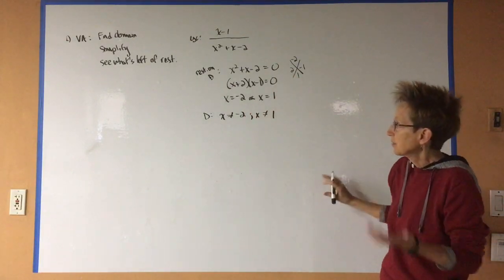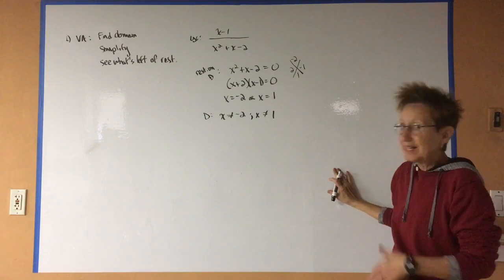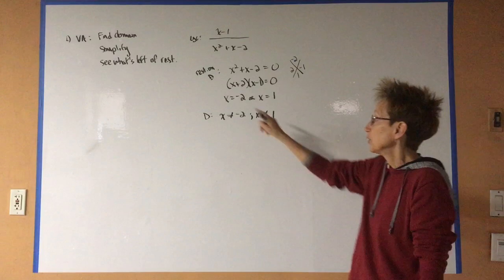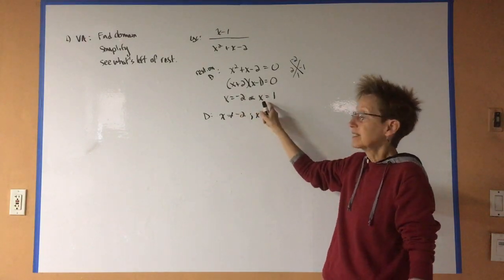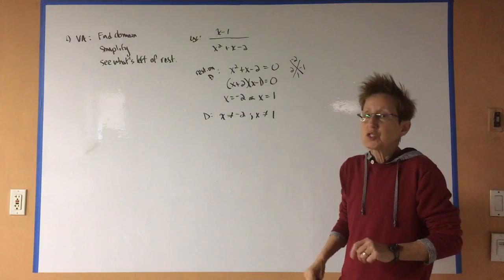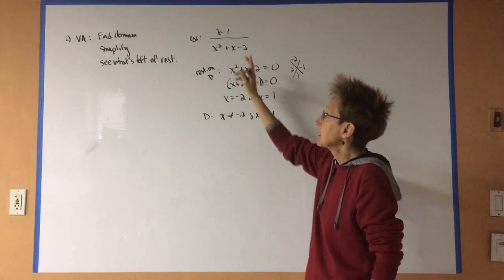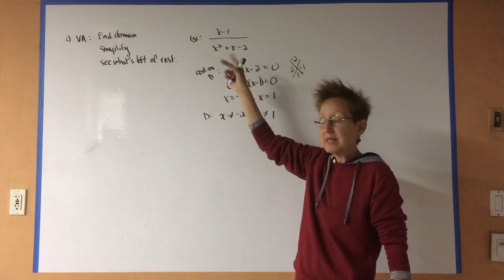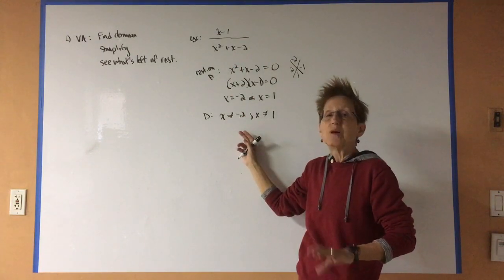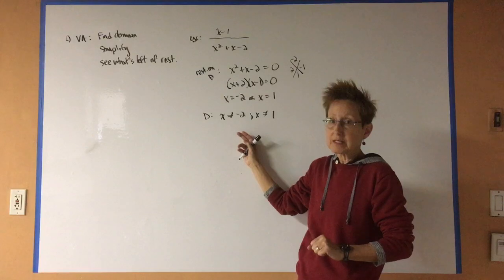Now here's where some students stop and go, oh, well, that's my vertical asymptote. Those are my vertical asymptotes. Then x equals -2 would be my vertical asymptote, and x equals 1 would be my vertical asymptote. Not necessarily. Now you have to make sure that you can't simplify this, because if you can simplify this, some of these restrictions on the domain might go away, and what's left are your vertical asymptotes.